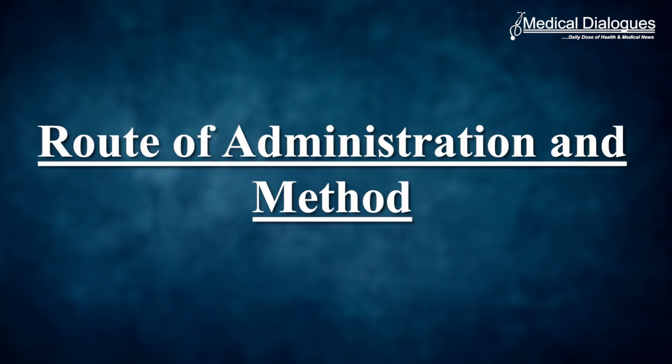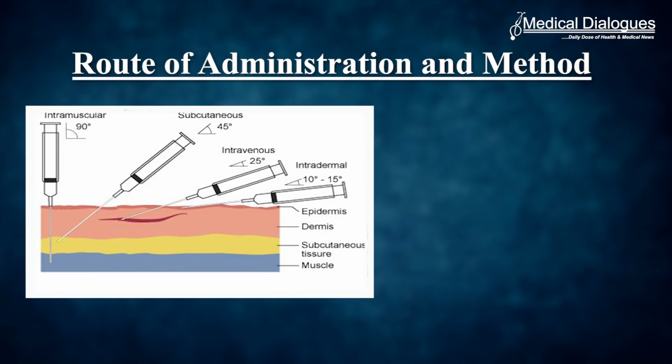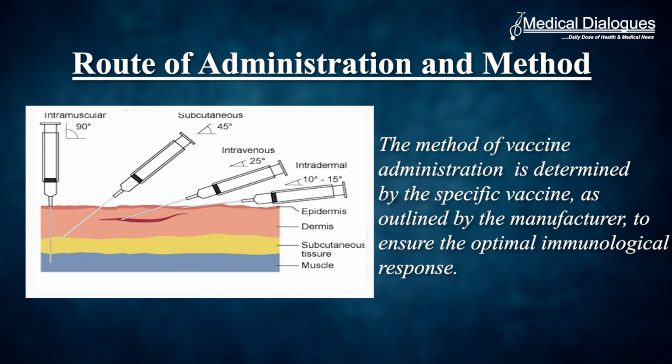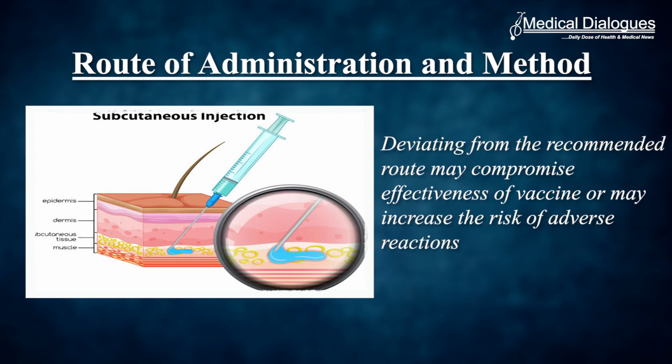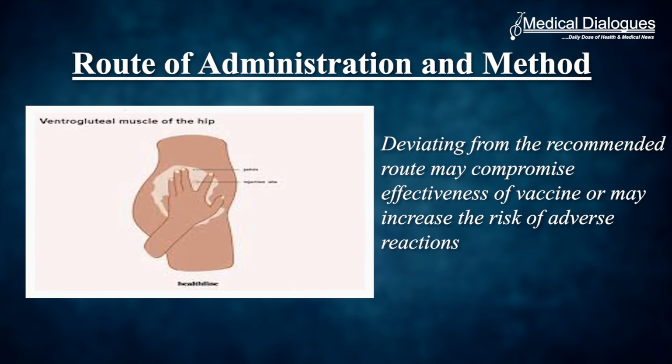Route of administration and method. The method of vaccine administration is determined by the specific vaccine as outlined by the manufacturer to ensure the optimal immunological response. Deviating from the recommended route may compromise effectiveness of the vaccine or may increase the risk of adverse reactions.